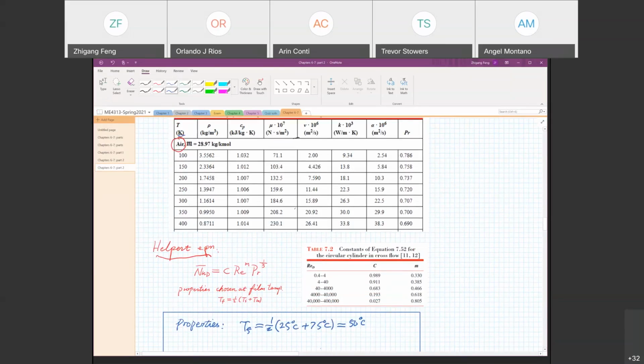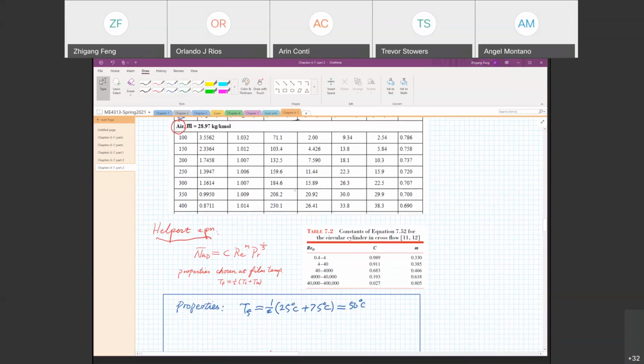So we have to convert Celsius to Kelvin by adding 273. So T film equals 50 plus 273 Kelvin, and turns out to be 323 Kelvin.